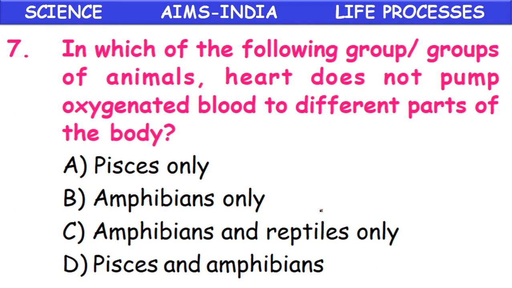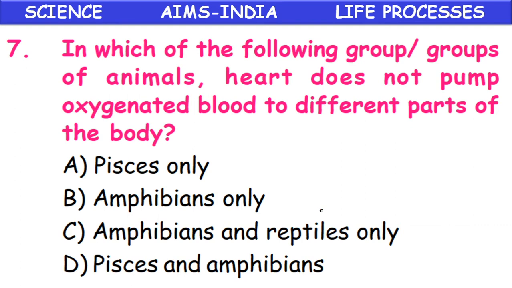In which of the following group or groups of animals does the heart not pump oxygenated blood to different parts of the body? Fishes only, amphibians only, amphibians and reptiles, fishes and amphibians.